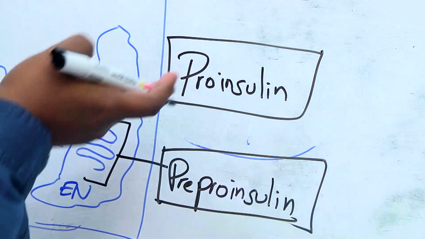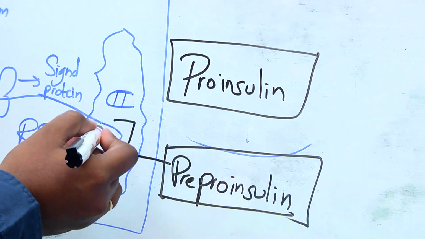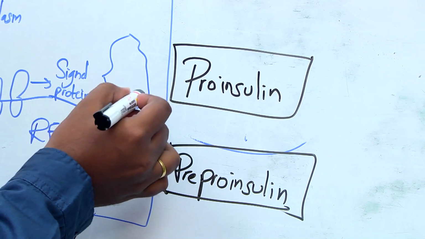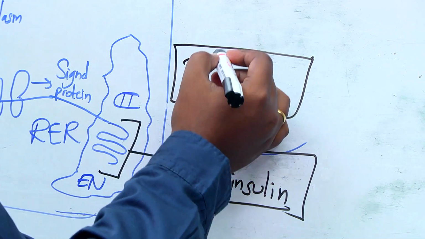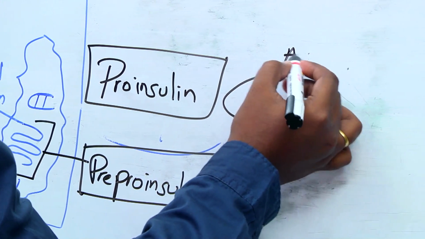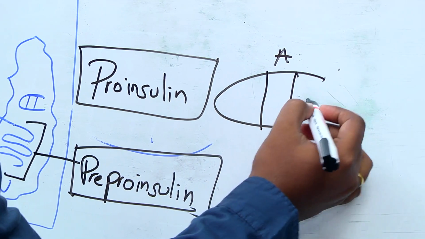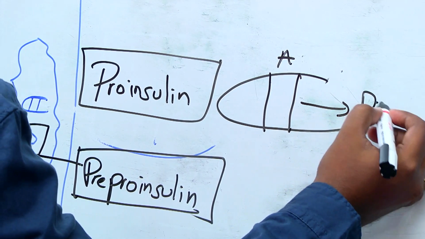So the insulin is packaged properly and there is formation of disulfide bridges, which is called your pro-insulin. So now you have a product called pro-insulin which has the A subunit and the C subunit, which are attached by disulfide bridges.